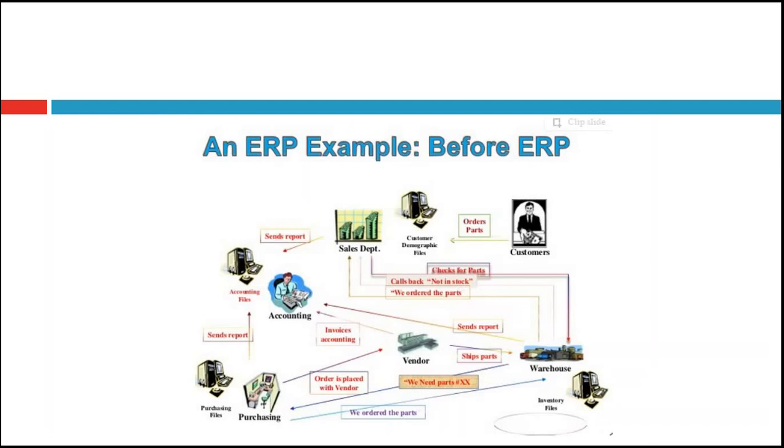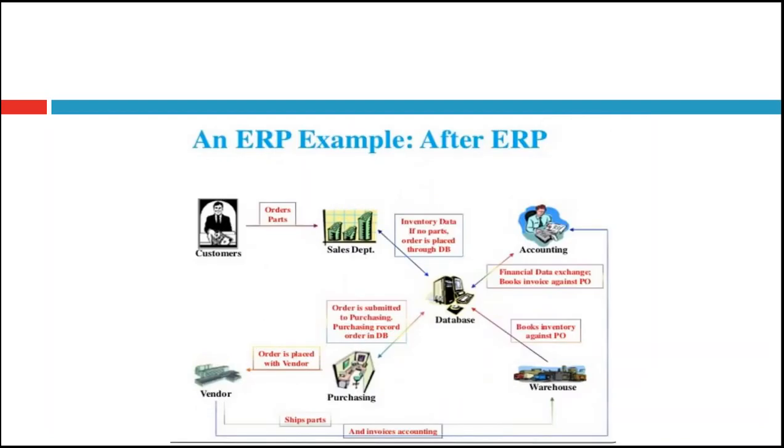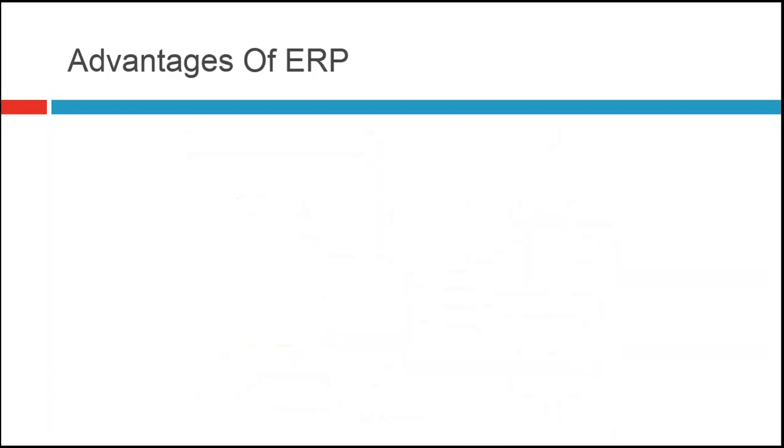Before the ERP, there was a jumbling process happening between these departments, with no transparency of the status between them. After the ERP came into the picture, when the customer places an order, it passes through the workflow, going to the sales department, and each and every department communicates with each other and updates the information. Okay, so this is how the ERP has come into the picture.